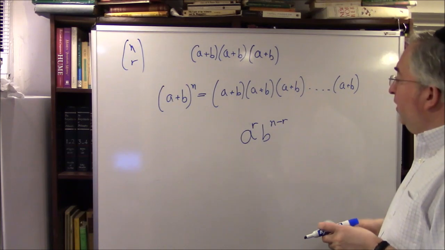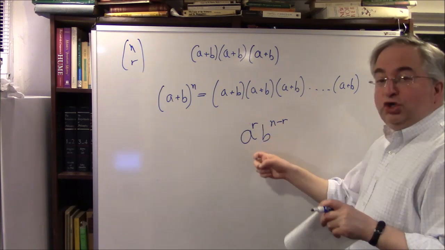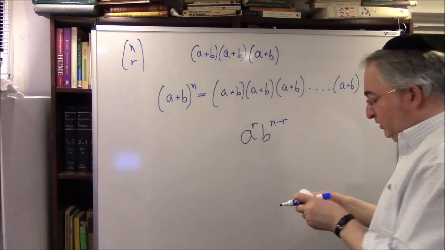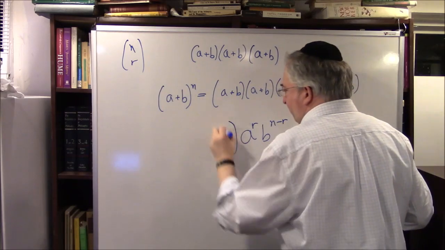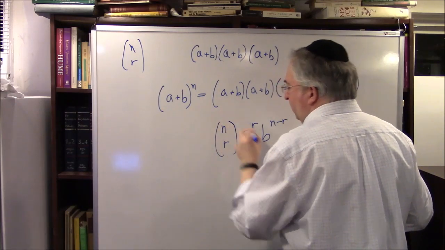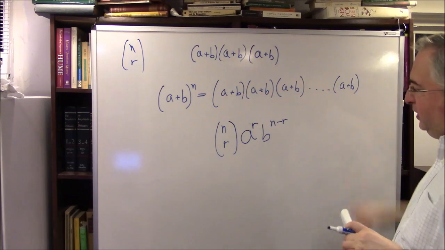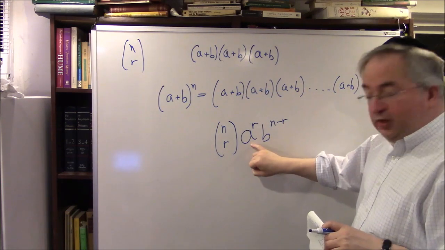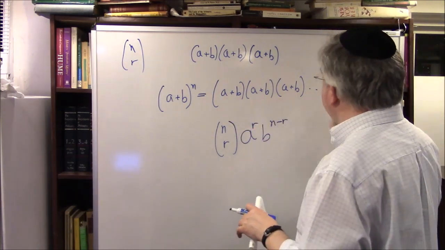Now the question is, how many times are you going to see this term written out? The answer is n choose r. Let's see why. You're going to have n terms here, and you want to know how many times you're going to choose the A's. I could choose this A and this A, but not the others.